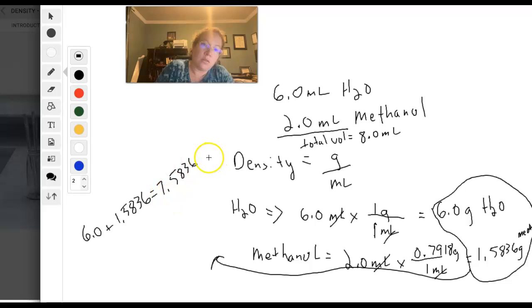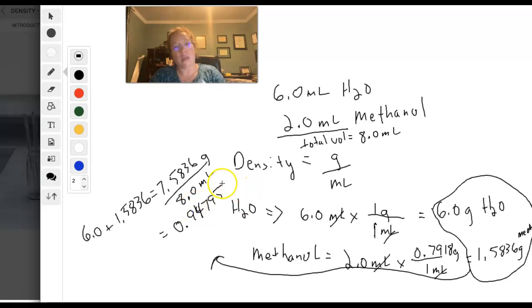Okay, so this many grams over a total volume of 8 milliliters should give us the density of 0.94795. Okay, and I believe it's just 0.94.